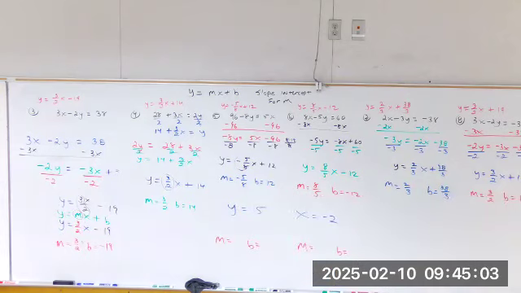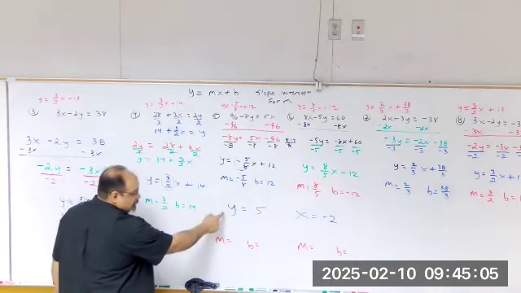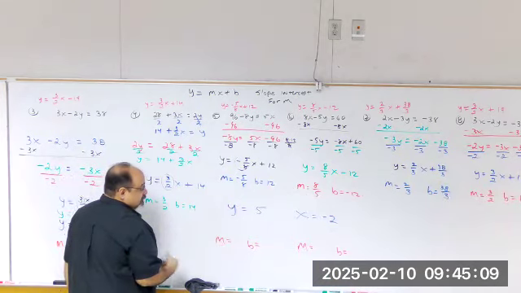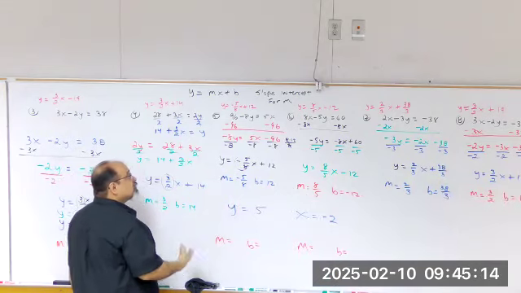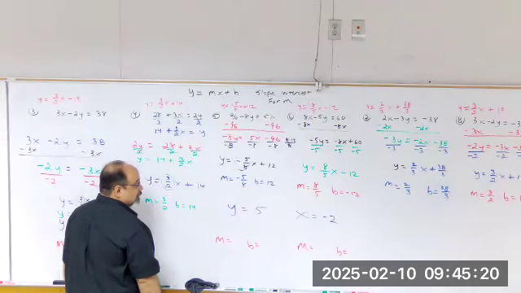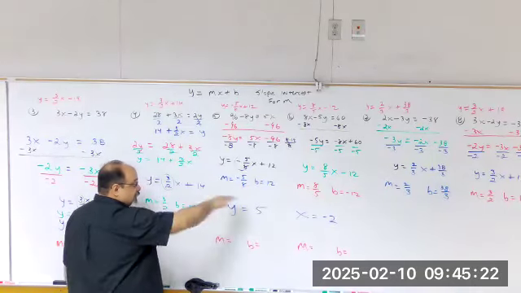What kind of line is this first one? Special case, special name. The two special cases are what kinds of line? Vertical and horizontal. Which one is this? This is the horizontal line.